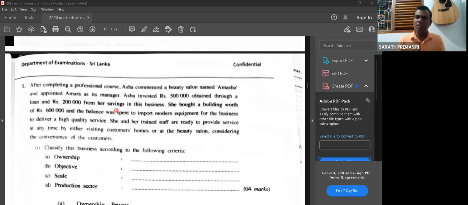Working capital problem means she does not have enough to do her day-to-day activities, because out of total expenditure she has spent 600,000 for purchasing the building, and then another 100,000 for importing modern equipment. Now she does not have enough money to continue her business activities daily. Look at that. Yes, let's look at the answer now.